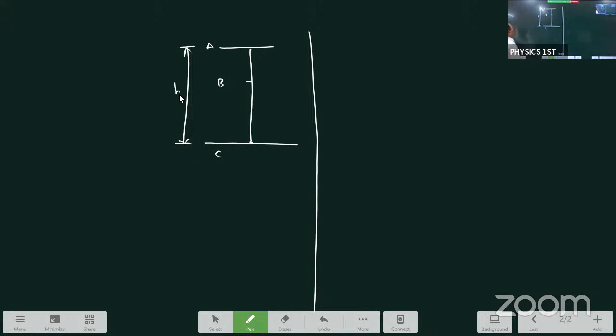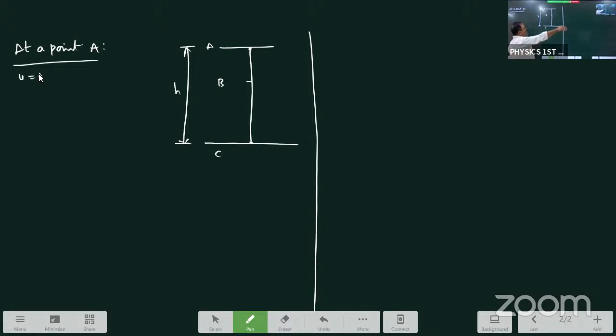Now we'll go for point A. At point A, first we will go for kinetic energy. Kinetic energy means initial velocity u is 0, because we have lifted the body like this.